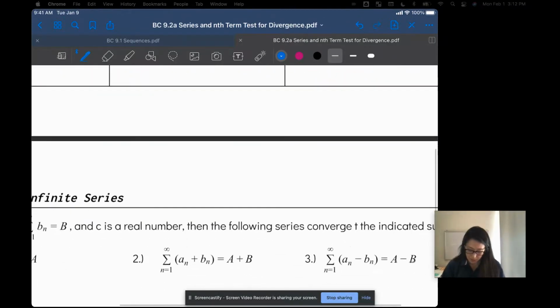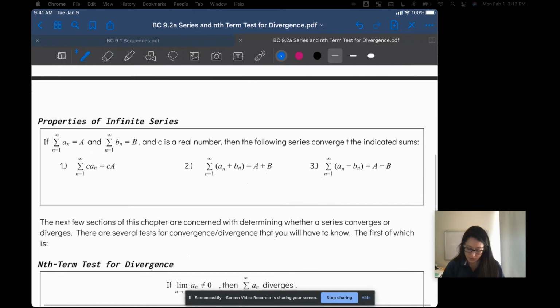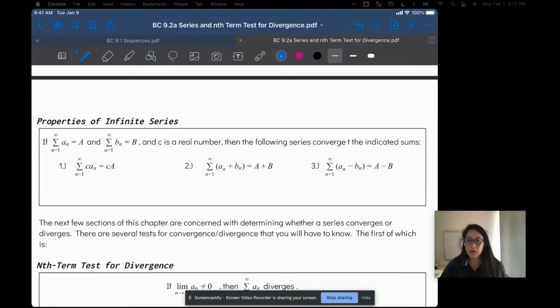Okay. So we do have some properties of infinite series, and then I'll have another video for our first test. The properties of infinite series are as such. If your series adds to a finite number, and a second series adds to another finite number, then we know the following about these rules.